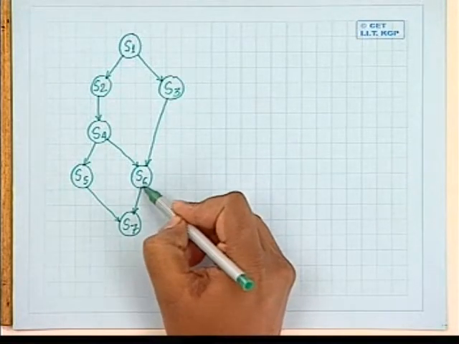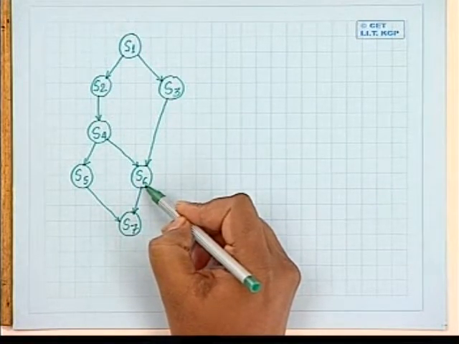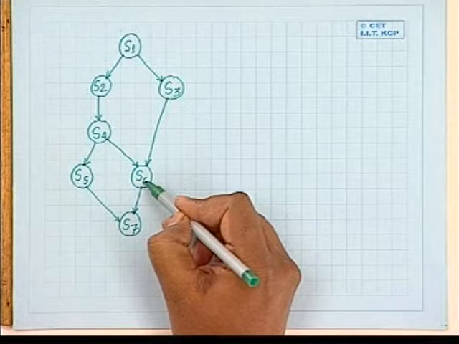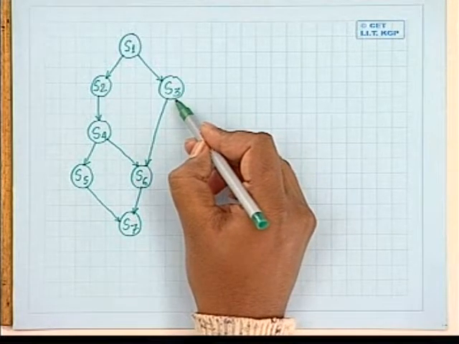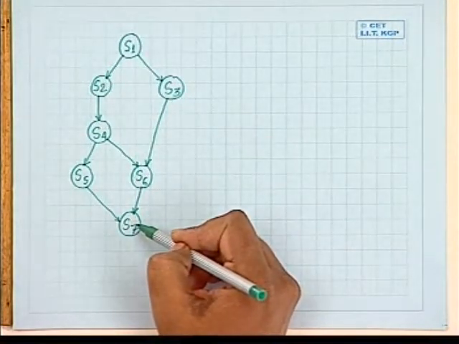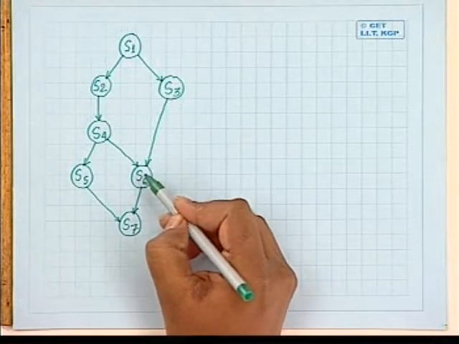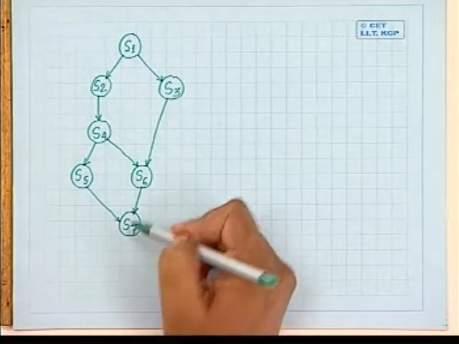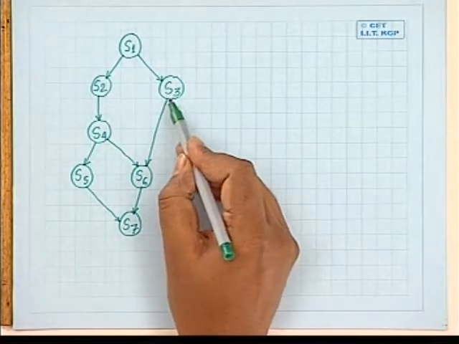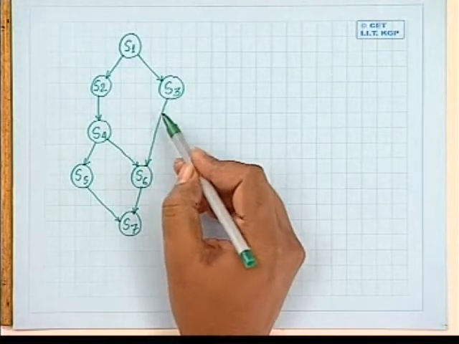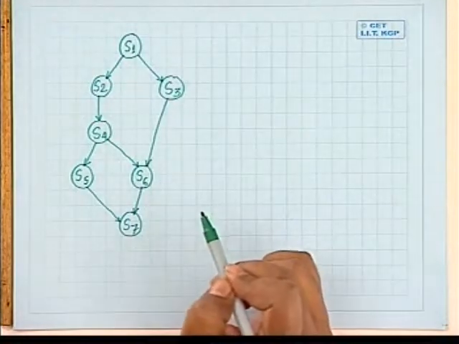Since S7 depends upon S6, that is, S7 cannot be executed unless S6 is complete, and S6 cannot be executed unless S3 is complete, even if I make a directed edge from S3 to S7, it is redundant, because S7 depends upon S6 and S6 depends upon S3, so obviously S7 depends upon S3. So this directed edge will be redundant. This is an additional precedence relation that I have put, that S6 also depends upon S3.